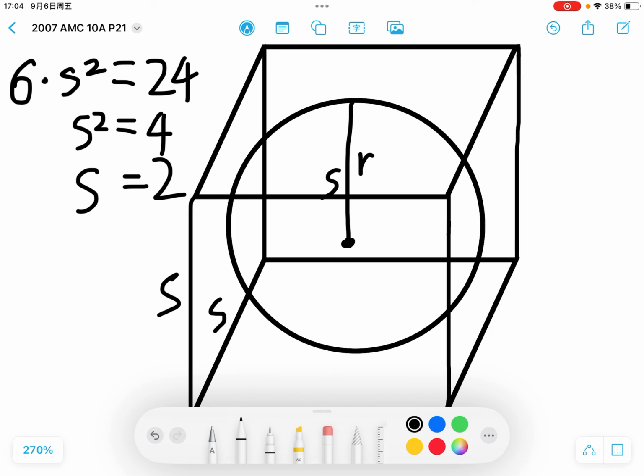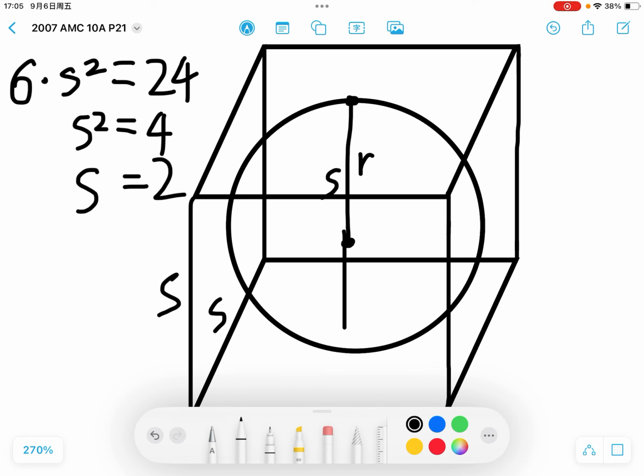However, the problem says that the sphere is tangent or inscribed inside the cube, meaning that this point actually touches. This point is a point that's on the sphere and the cube. And also we know that this bottom point is also on both the sphere and the cube.